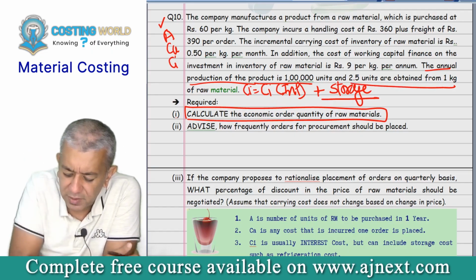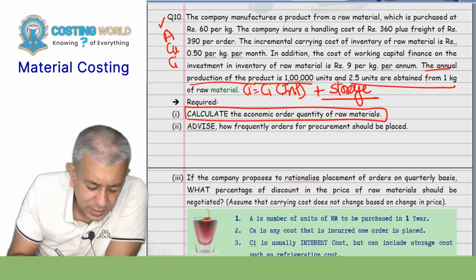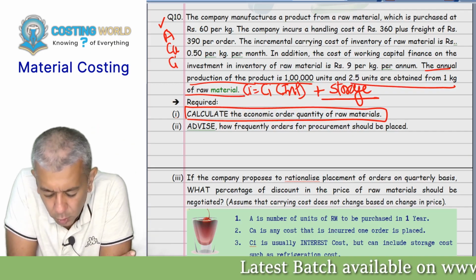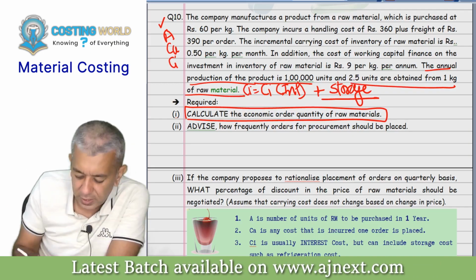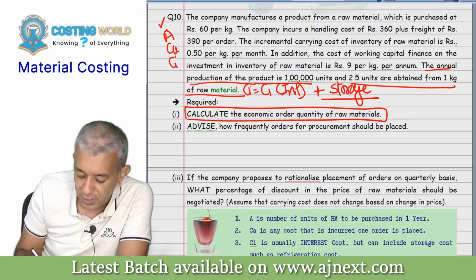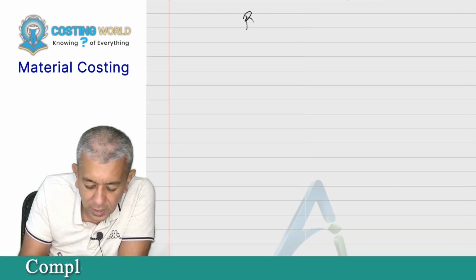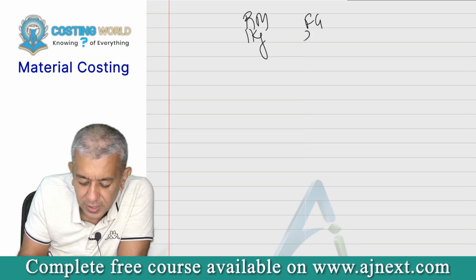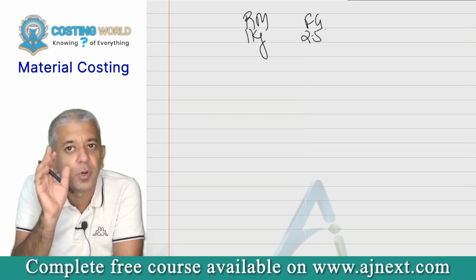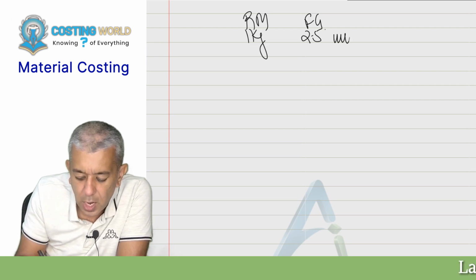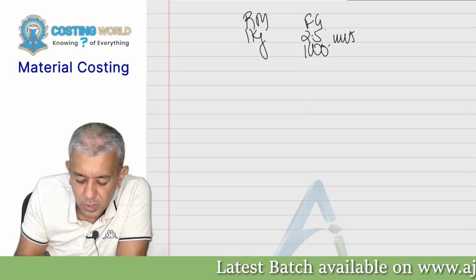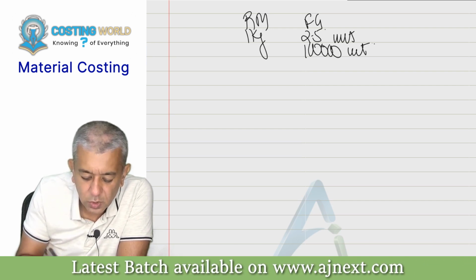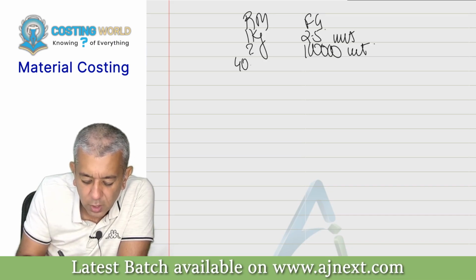And 2.5 units are obtained from 1 kg of raw material. Just a sec, please don't write. From 1 kg of raw material, the amount of finished goods that can be produced is 2.5 units. Now how much finished goods do you want to produce here? 1 lakh. So how much raw material do you require?